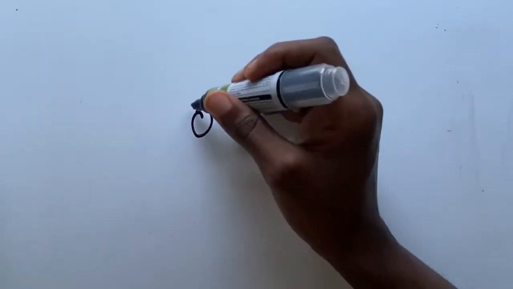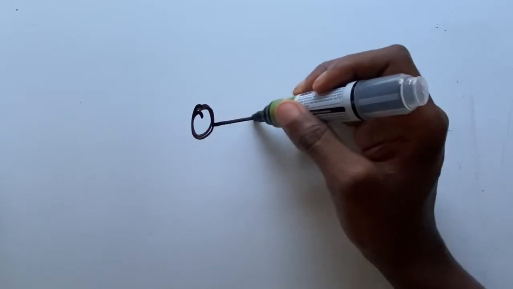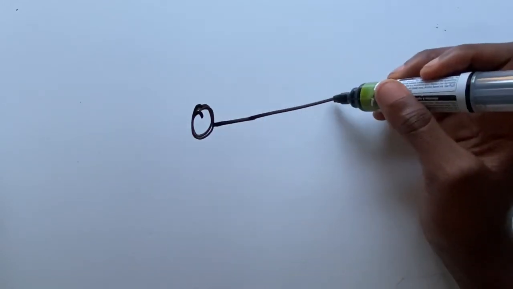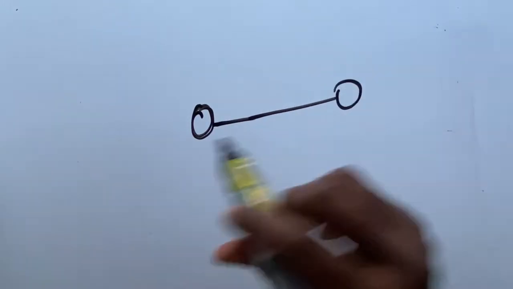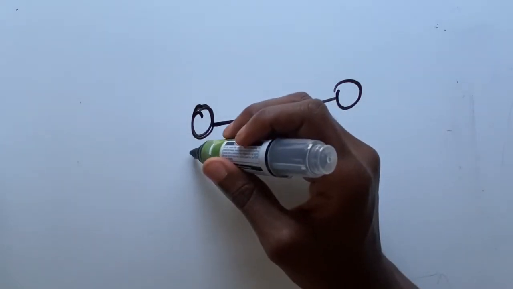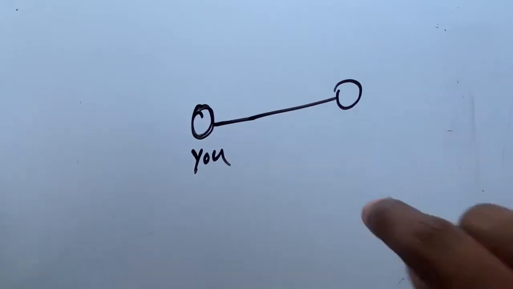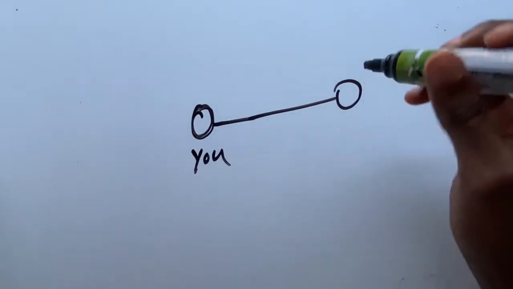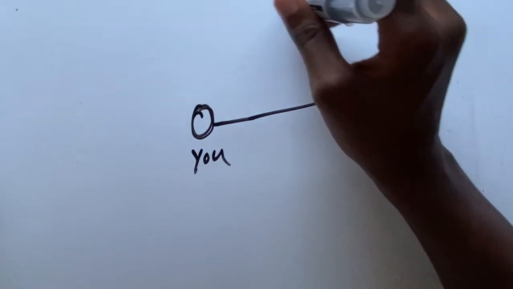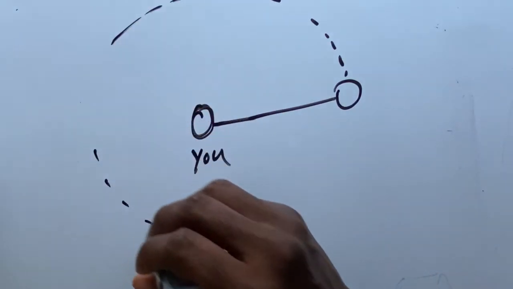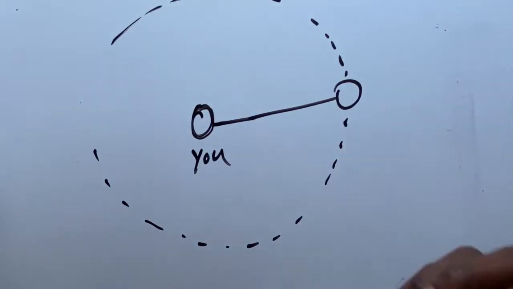Actually, let me draw it like this. Let's say this is you here, that's your head, and you're swinging some rope around. This rope has a ball on the end of it. We're looking down on you, and you're swinging this ball around in some circular motion. Boom, like that.